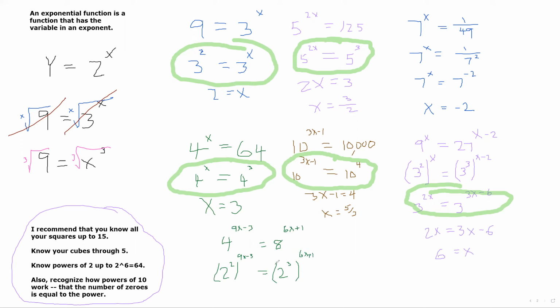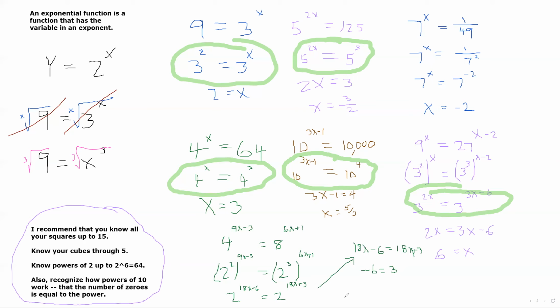And so if we now do our power to a power, we get 2 to the 18x minus 6 is equal to 2 to the 18x plus 3. That means that 18x minus 6 is equal to 18x plus 3. And if I subtract 18x from both sides, I get negative 6 equals 3.